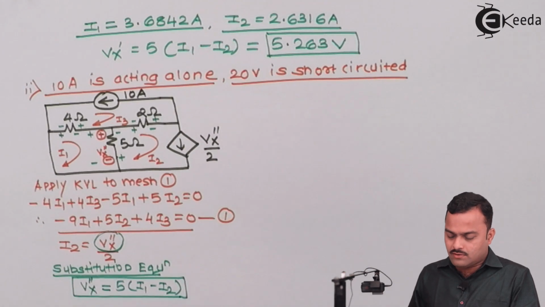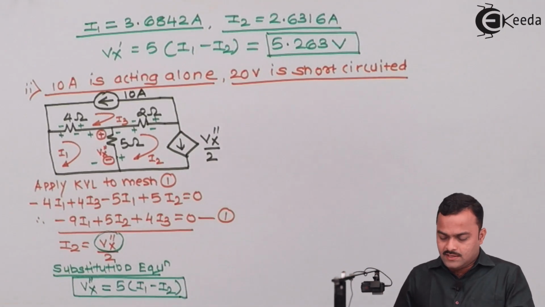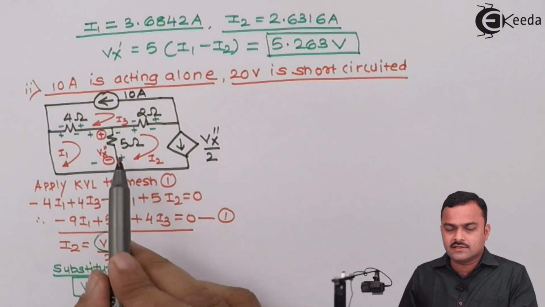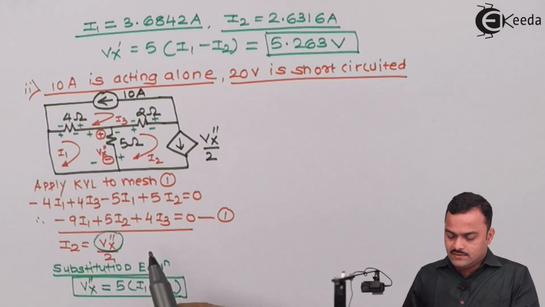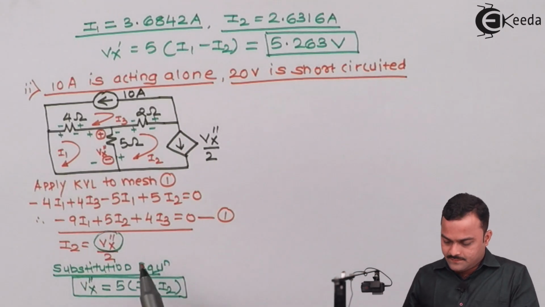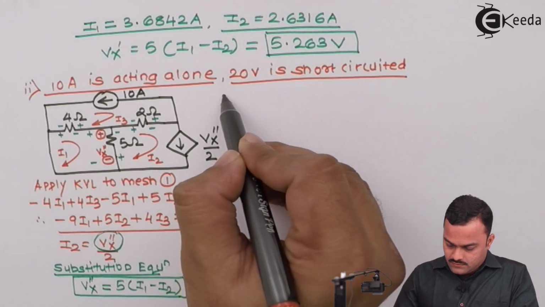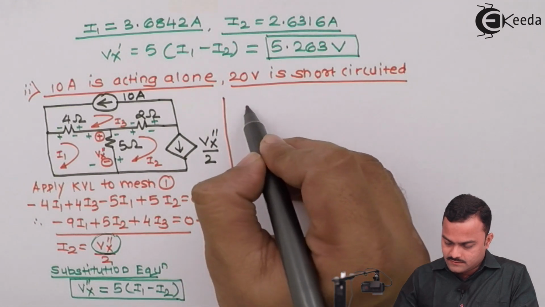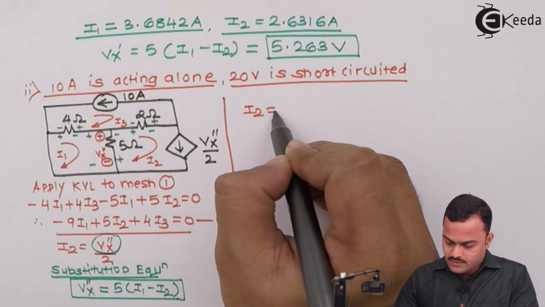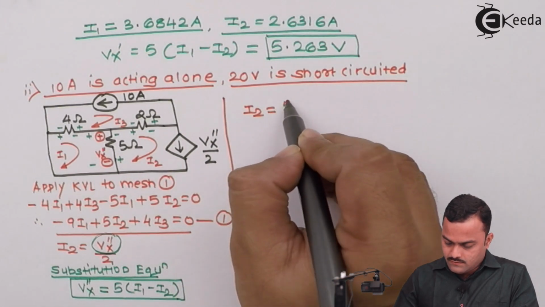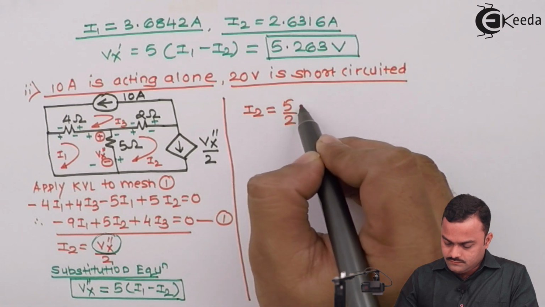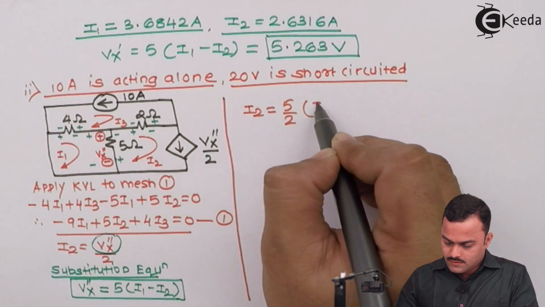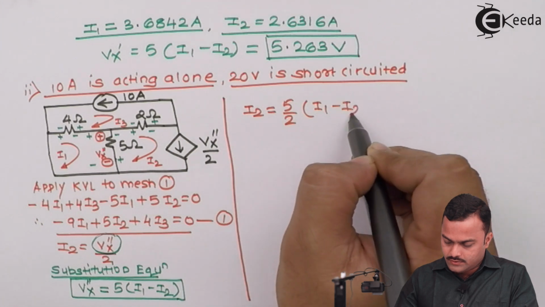This won't be the case all the time. It is just a coincidence that absolutely no change as far as the substitution equation is concerned for the previous case and this case. So if I substitute this over here, I will get I2 as 5 by 2 times I1 minus I2.